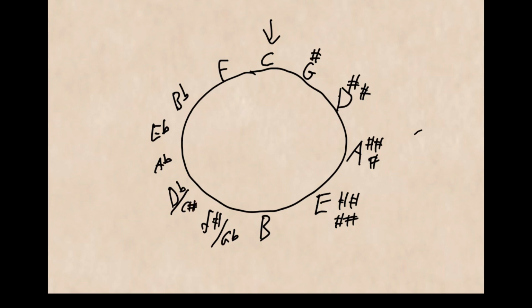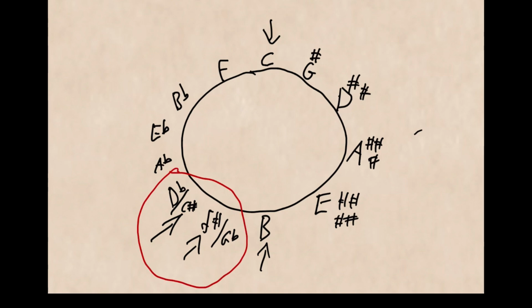So this is 5 sharps, 6 sharps, 7 sharps. These two here are what we call our enharmonic keys, meaning they sound the same but are spelled differently. So C sharp major and D flat major.